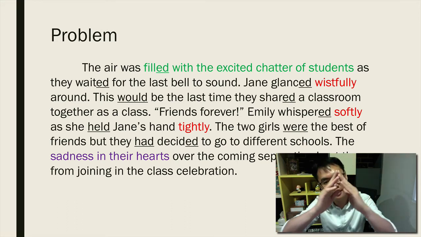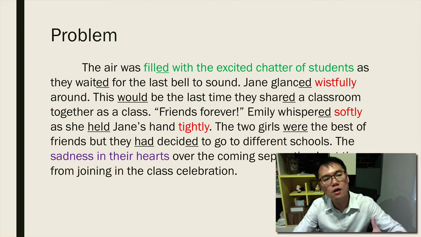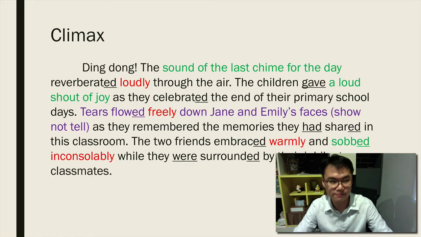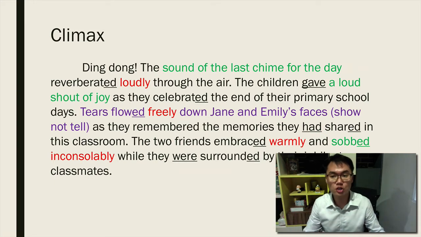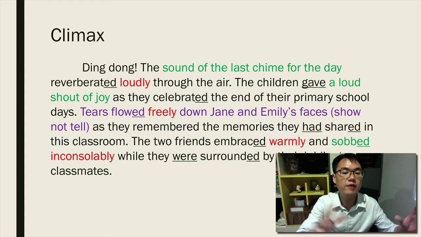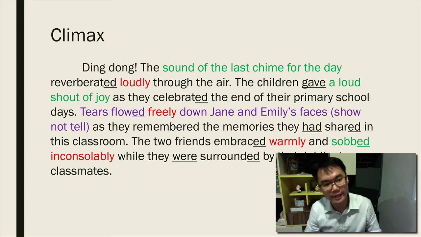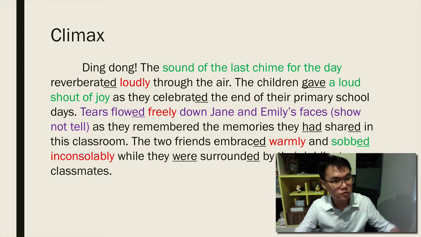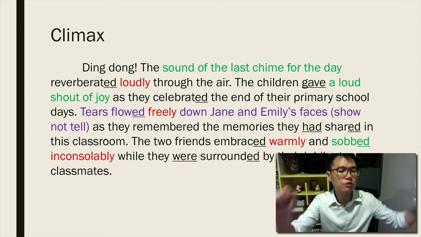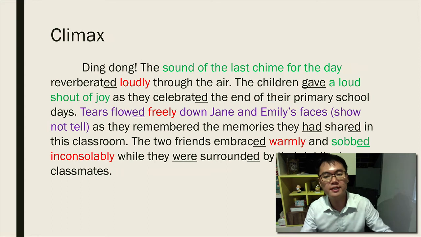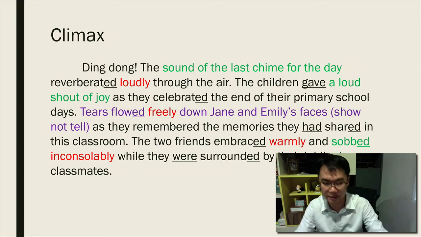So now we move on to the climax. How the girls felt, their sadness and how they overcame it. "Ding dong!" The sound of the last chime for the day reverberated loudly through the air. So notice the sounds, the adverbs. The children gave a loud shout of joy as they celebrated the end of their primary school days.